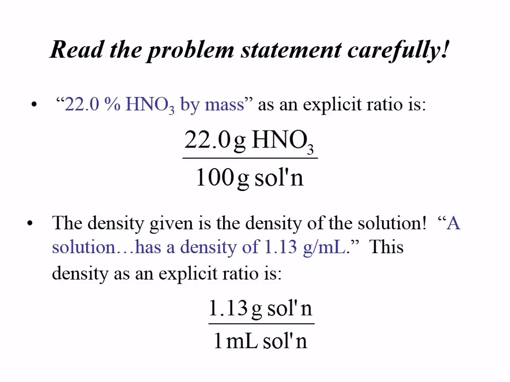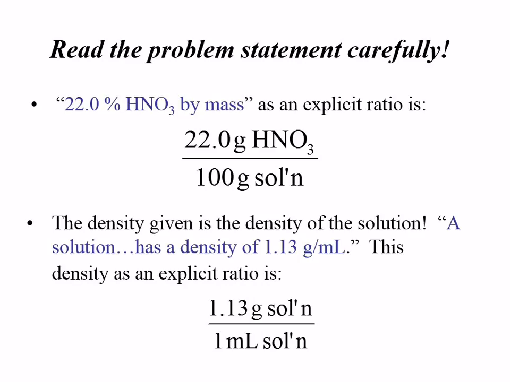So that density actually is grams of solution per milliliter of solution. I know it just says g/mL, but it's grams of solution per milliliter of solution. So if you buy into that, those are our two puzzle pieces. Now we can use them like that, or we can flip them. We can write them flat and use them as you need.